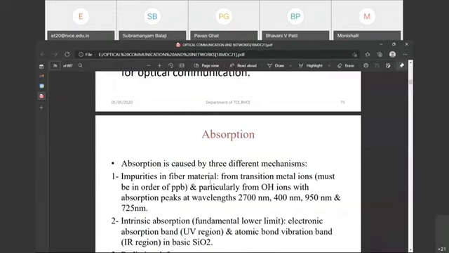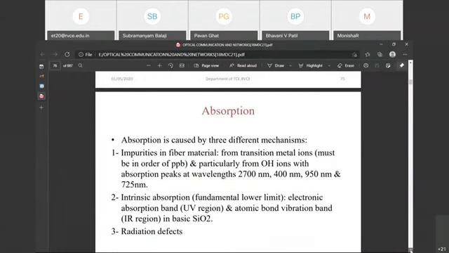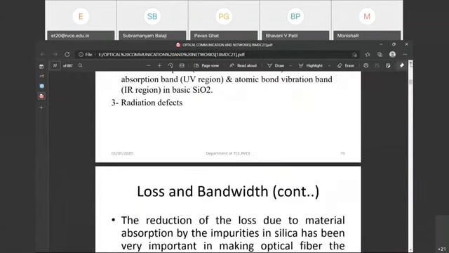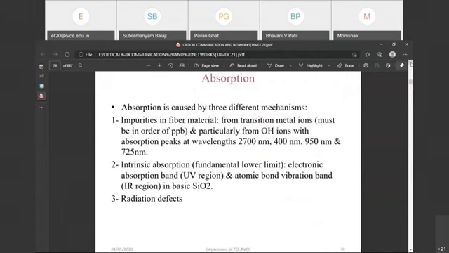The three mechanisms by which attenuation takes place in optical fiber are, first, impurities in the fiber material, from transition metal ions or OH ions present in it.